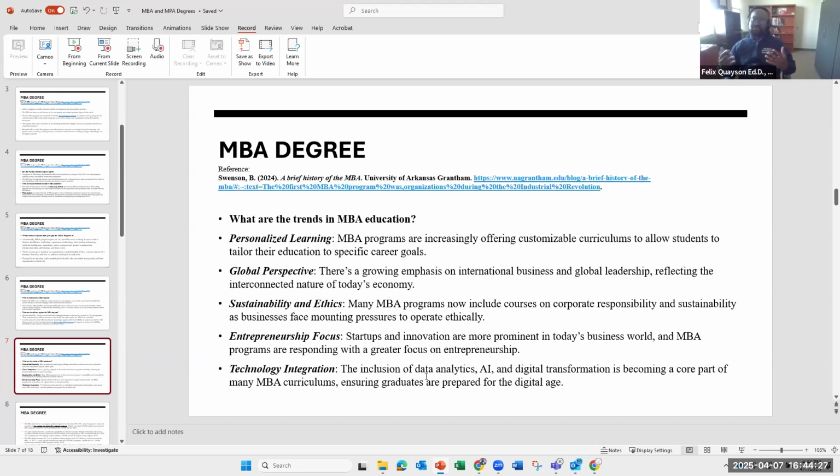And digital transformation really becomes a core part of those pursuing the MBAs in that kind of trend. So the MBA curriculum ensures that graduates for technology integration are really prepared for the digital age.